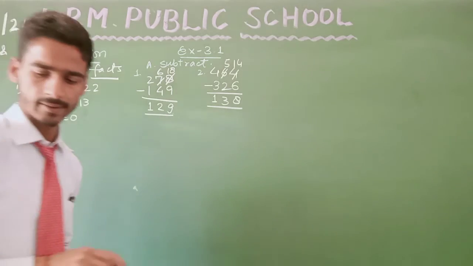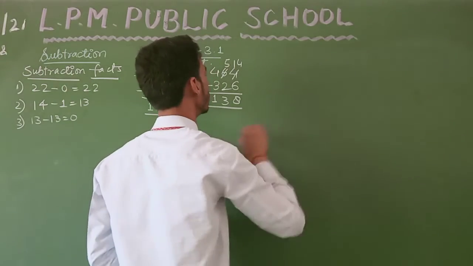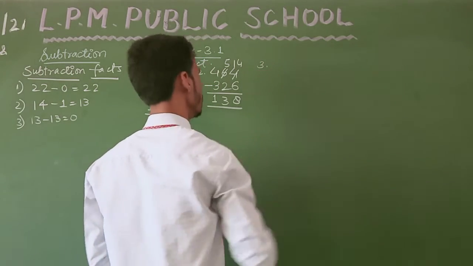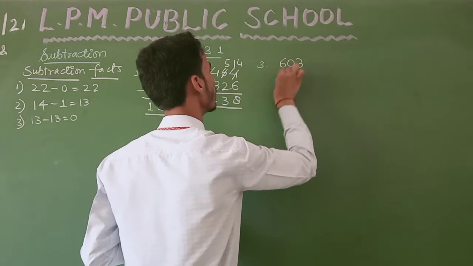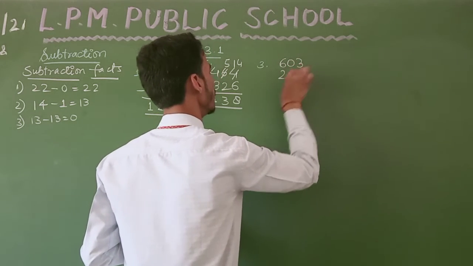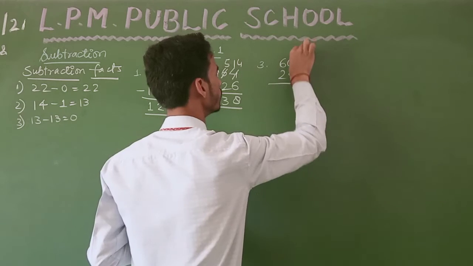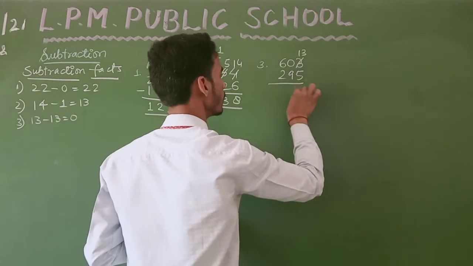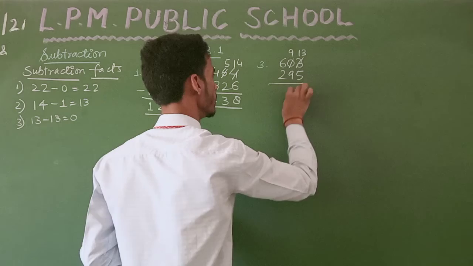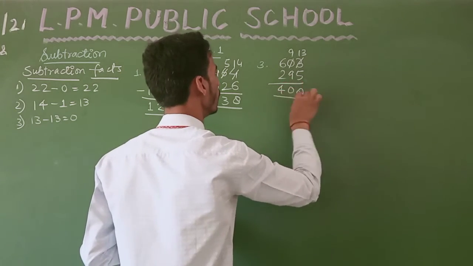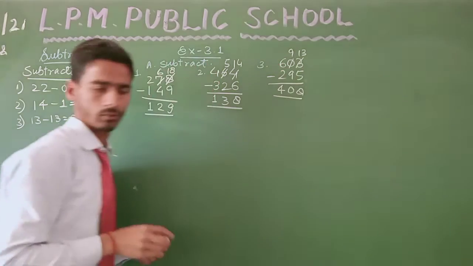The next is 603 minus 295. 13 minus 5, 8, and that will be 9. 9 minus 9, 0. 6 minus 2, 4. That is 408.